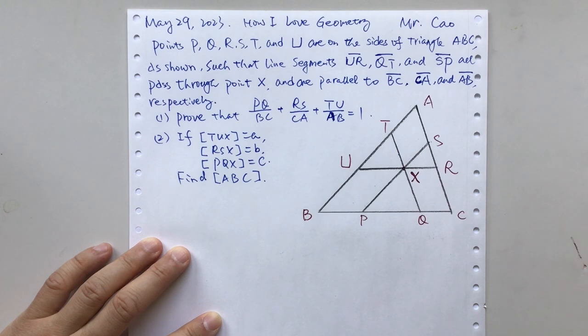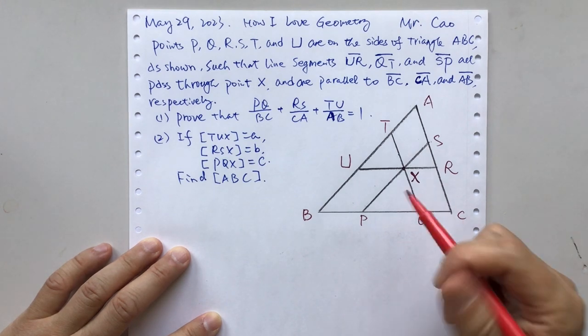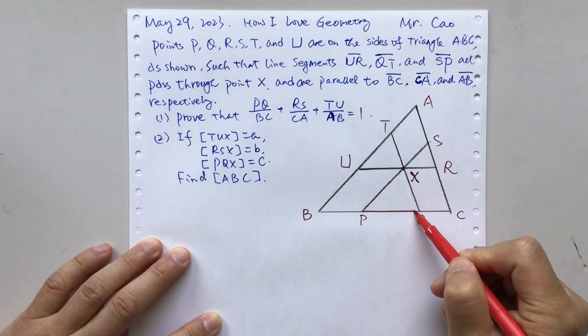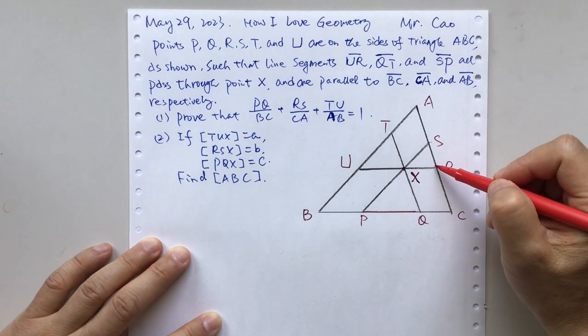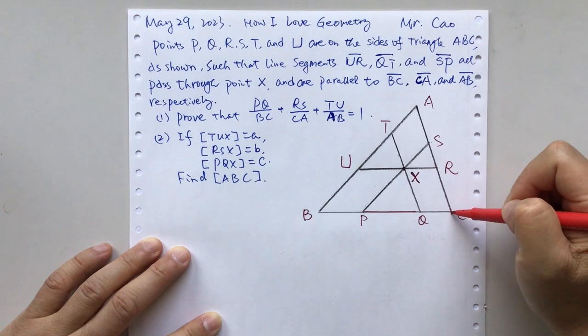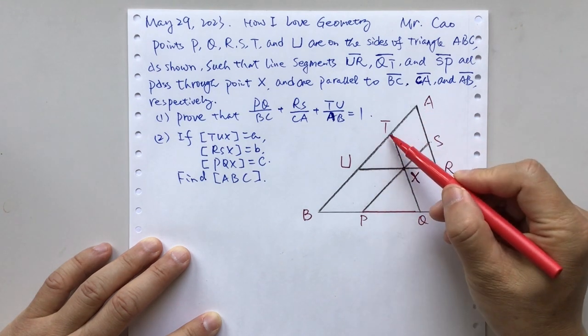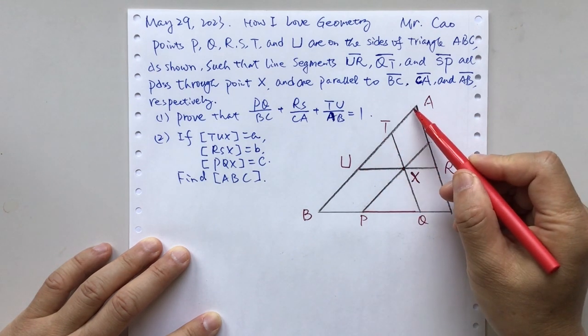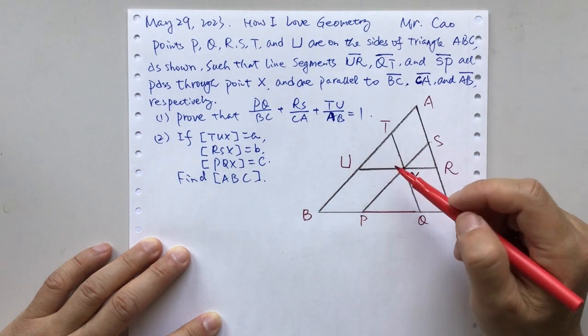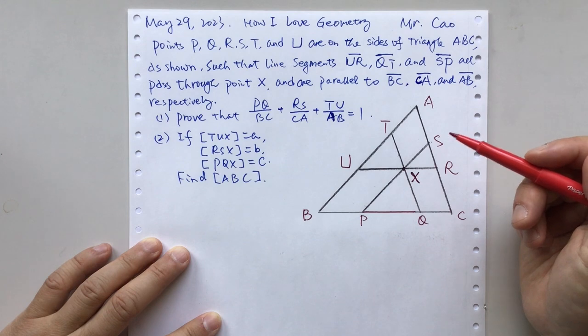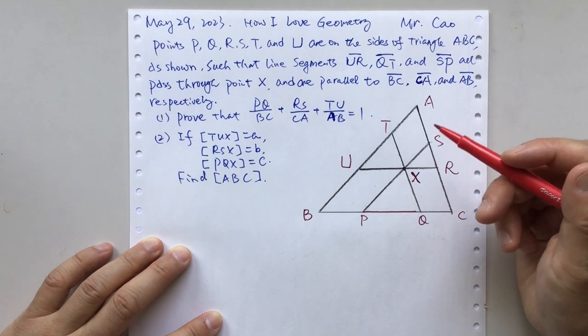PQ over BC, RS over CA, and TU over AB. The sum of all these three ratios equals 1.